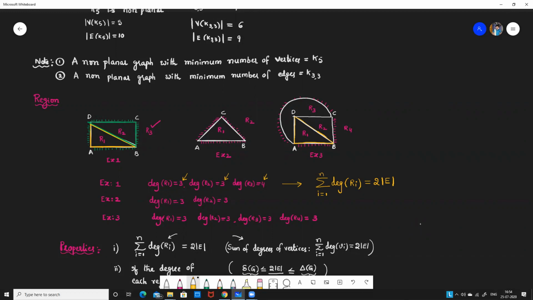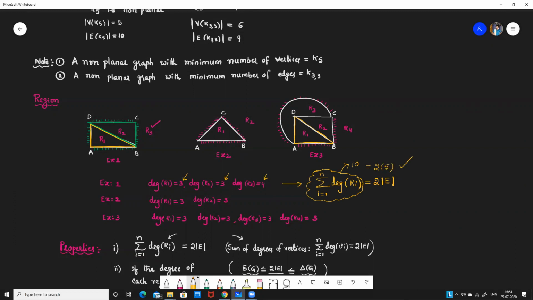So if I sum up all these values, 3 plus 3, 6, 6 plus 4, 10. Therefore, this total summation value is equal to 10. Whatever 2 times the number of edges, how many edges are we having in this graph? In example 1, 1, 2, 3, 4, 5 edges, which is exactly 2 times 5. So, which is true.